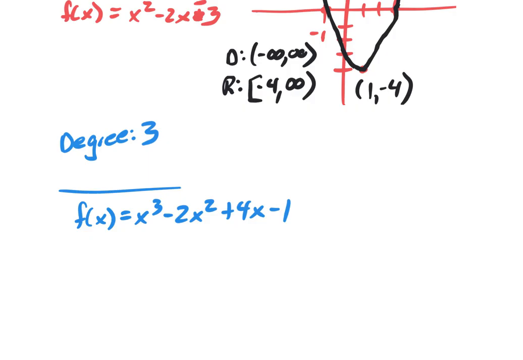Highest exponent is 3. What do we call this one? If I take something and raise it to the third power, what do we say that we're doing? Cubing it, right? So this is a cubic polynomial. Anybody remember what a cubic graph looks like?